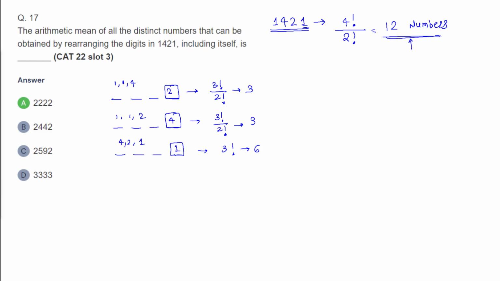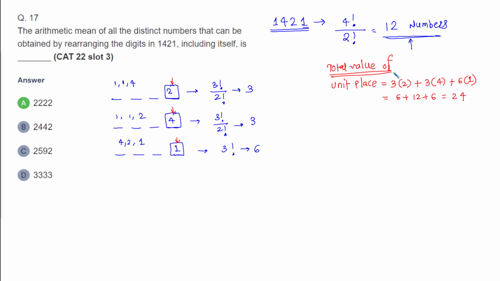Now, in all these 12 numbers, the total value of unit place will be how much? 2 will appear at unit place 3 times, that is 3 into 2. 4 will appear 3 times, that is 3 into 4. 1 will appear 6 times, that is 6 into 1. So the total value of unit place is 6 plus 12 plus 6, that is equal to 24.